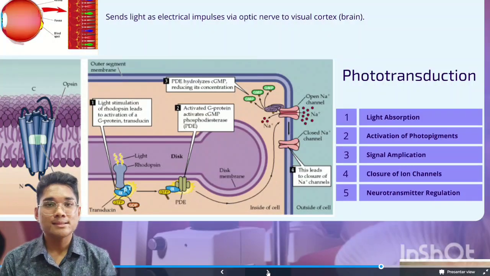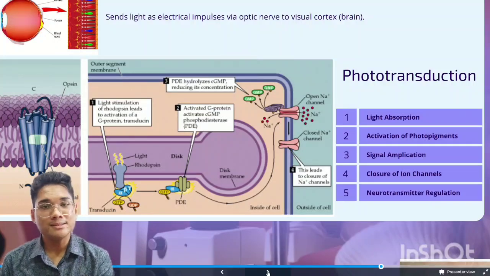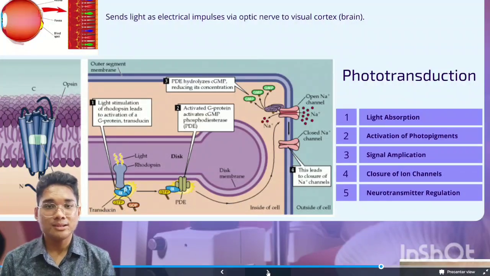And the last stage, which is signal transmission. This change reduces the release of the neurotransmitter glutamate, which sends signals to the bipolar and ganglion cells. These signals are then sent to the brain for interpretation as vision.